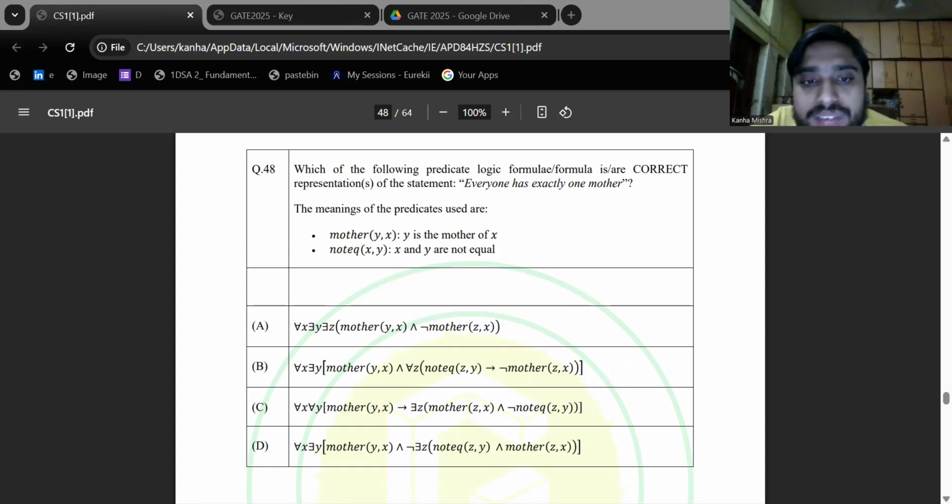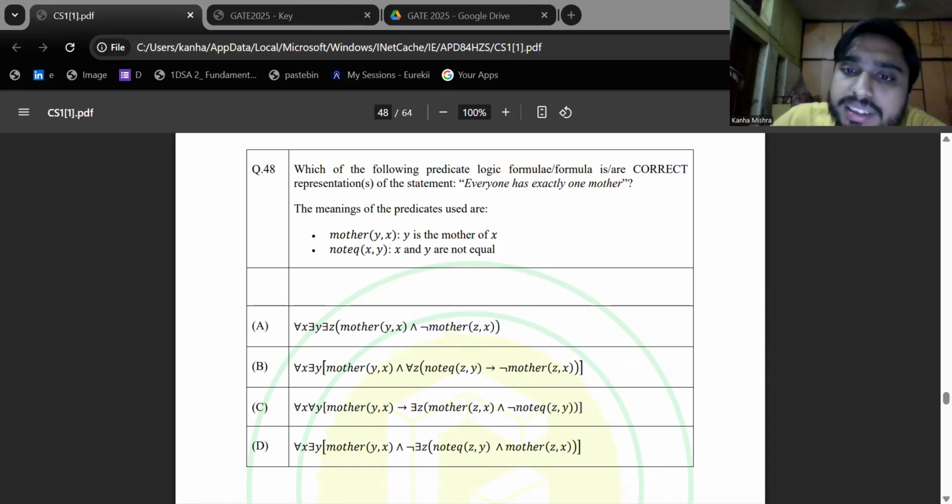Option D. For every X, there exists a Y who is a mother of X, and there does not exist a person Z, different from Y, who is a mother of X. This also captures the existence and uniqueness of the mother of X. Option D is correct.